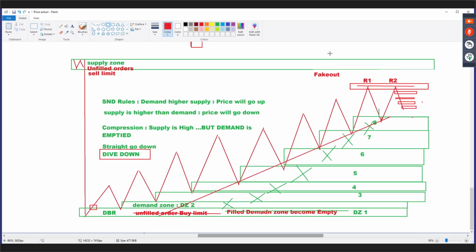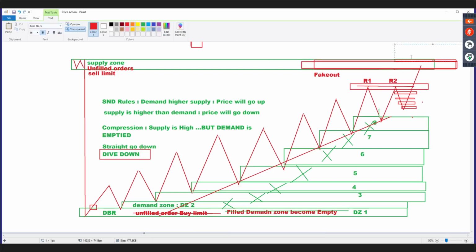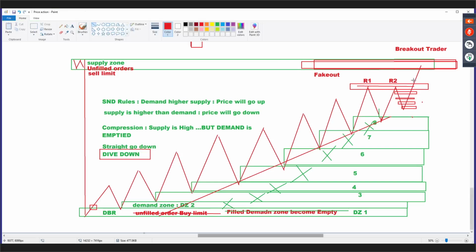Where are their stop losses? Of course, above resistance. Above resistance, we have a lot of buy stop orders. Suddenly the price goes up, fills the orders, hits the stop losses, and triggers all those buy stops from the breakout traders, and then it goes down. Why does this happen?